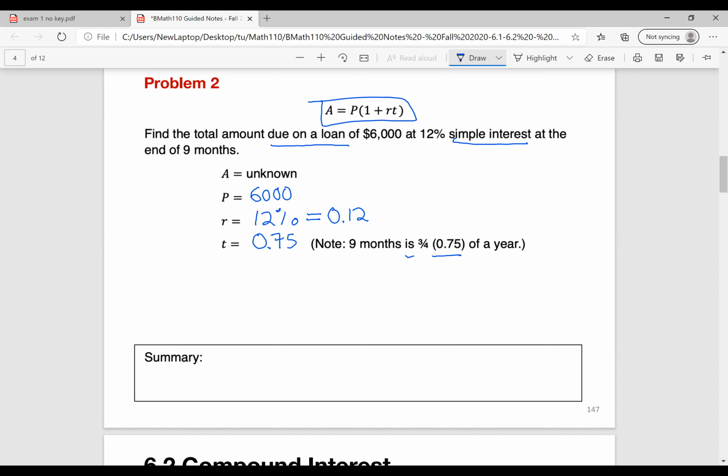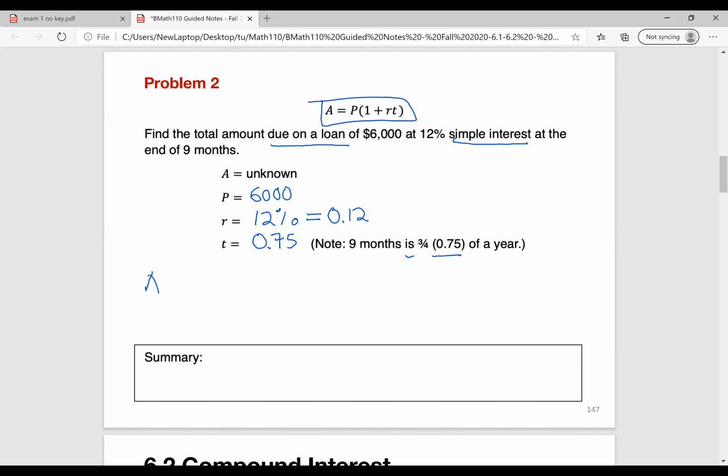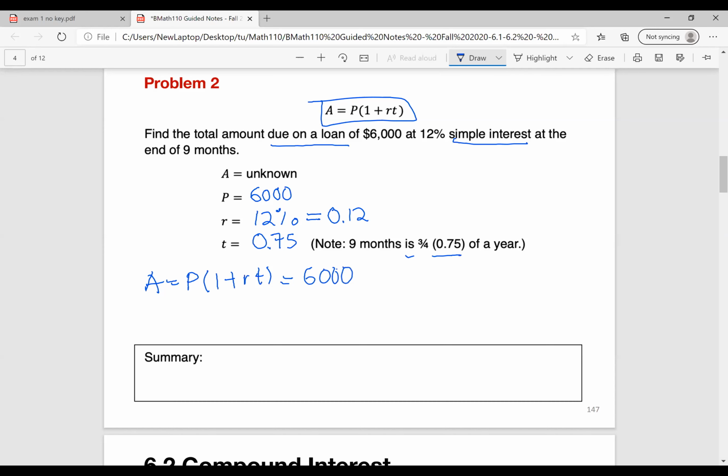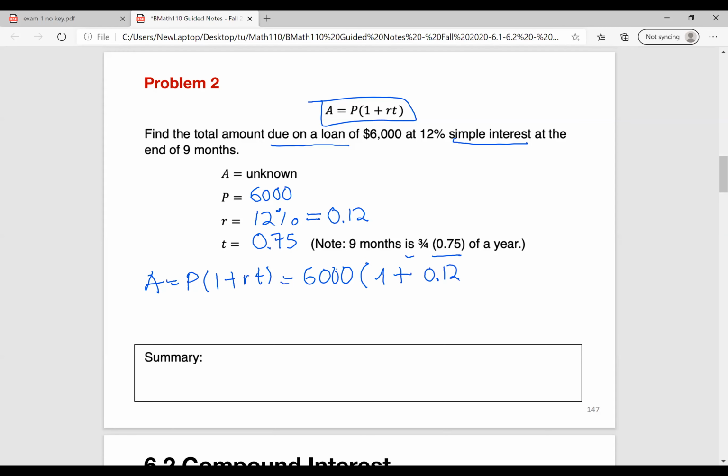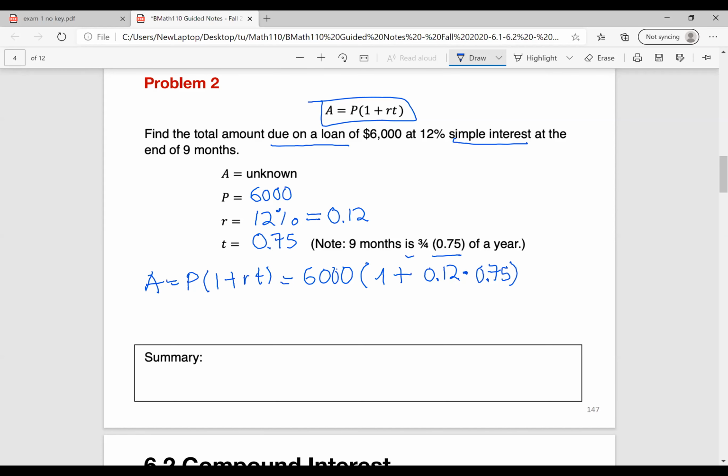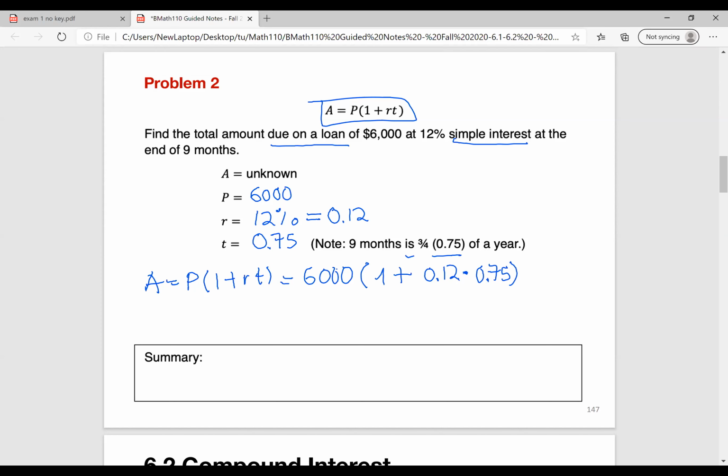Now I'm going to substitute into the formula A equals P times (1 plus RT), which equals 6,000 times (1 plus 0.12 times 0.75). Now you're going to use a calculator and find this.